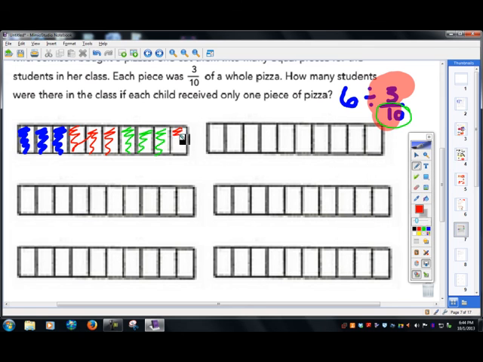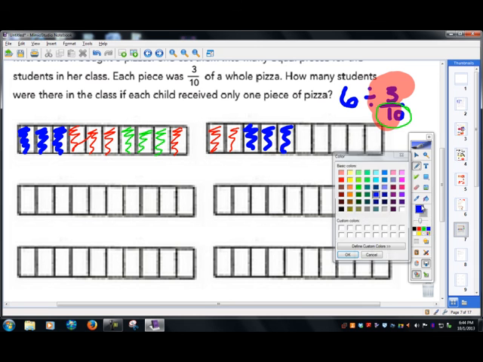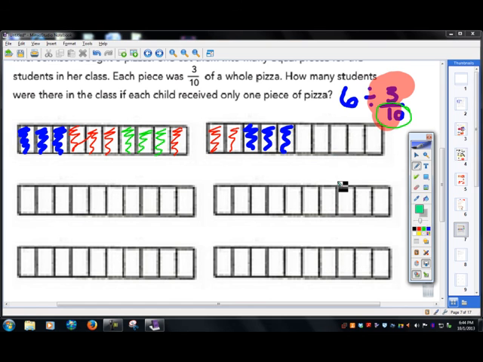So we got a group of 3. 1, 2, 3. 1, 2, 3. Use a different color, mix it up a little bit. 1, 2, 3. There's a group. 1, 2, 3. There's a group. 1, 2, 3.